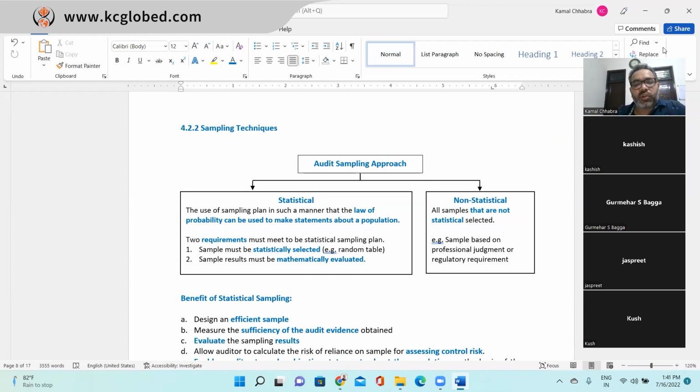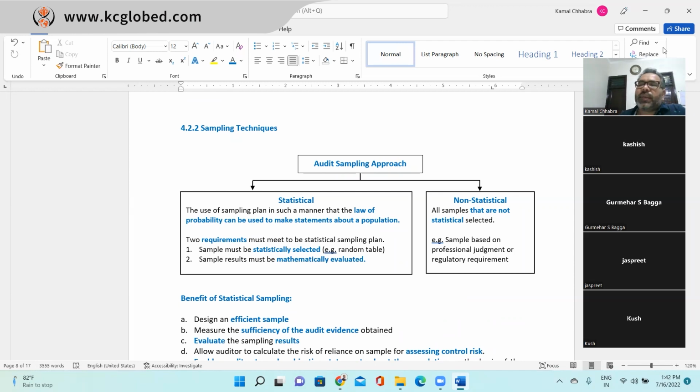Statistical sampling approach uses the sampling plan in such a manner that the law of probability can be used to make statements about the population. That means generally it uses random selection or any statistical method, based on the probability of selecting samples from the population which are representative of the entire population.